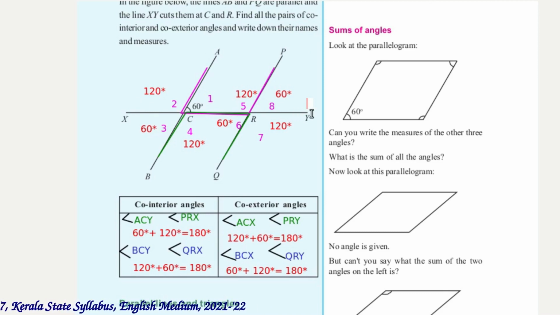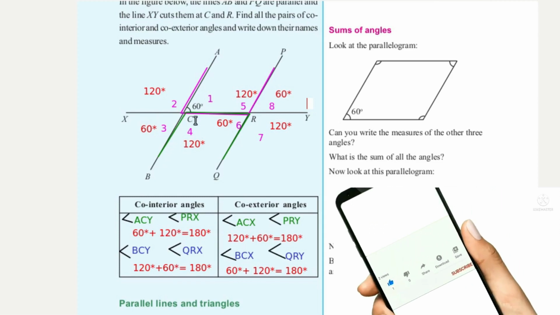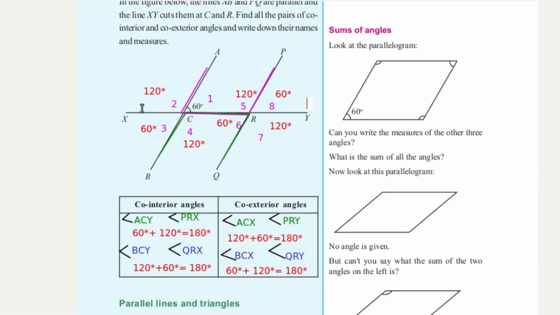So above this line XY, we can see a pair of co-interior angles and another pair of co-exterior angles. Just like that, below XY, look at this one. These two angles, angle BCY and angle QRX, are co-interior angles, and again angle BCX and angle QRY, these two angles are co-exterior angles.